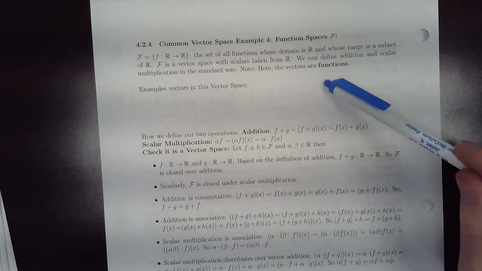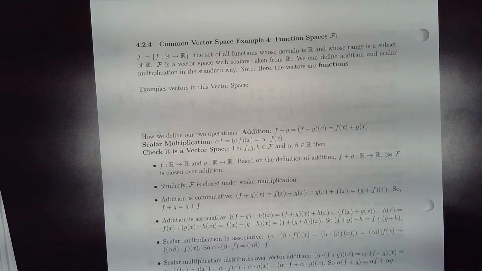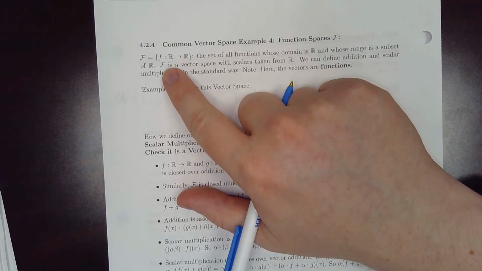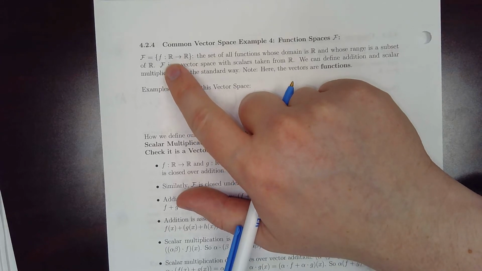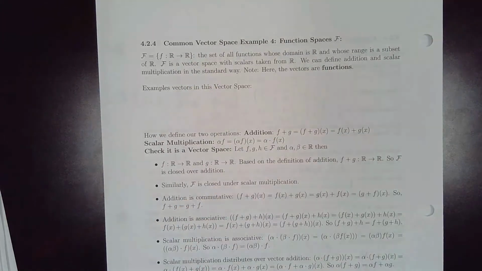All right, so we're also going to have that function spaces are a vector space. A function space is going to be, for us, the set of all functions that go from the real numbers to the real numbers. So anything whose domain is the real numbers and whose range is a subset of the real numbers.